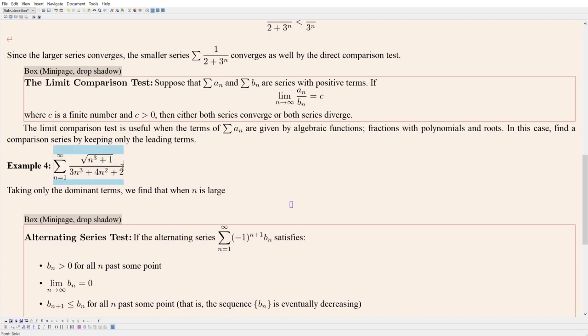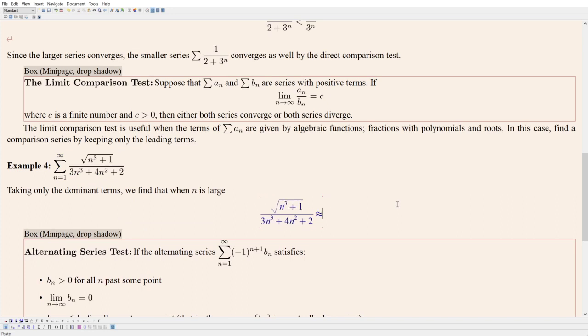So we find that when n is large, this dude is approximately, well, we can neglect the plus 1, so that's just n to the 3/2 on top. The cube is the dominant term, so we can neglect the square, we can neglect the 2. So 3n cubed. And then we can simplify this because 3 minus 3 halves is 3 halves again.